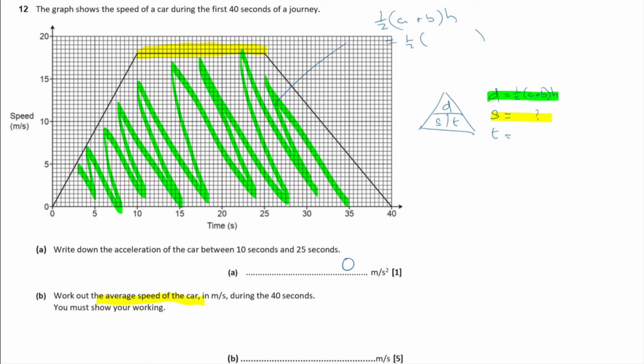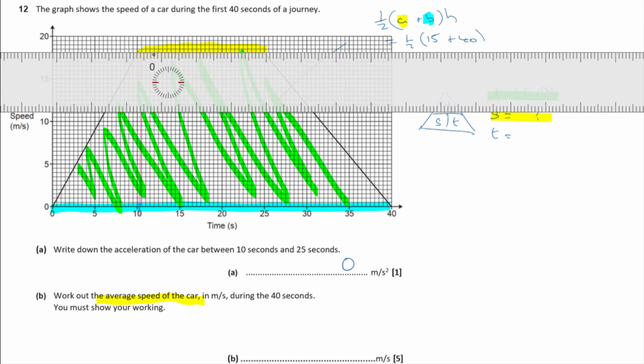So a is the line at the top there, the line going from 10 to 25, so that has a length of 15. B is the other parallel side, going from 0 to 40, so that has a length of 40. And then h is the distance between them, which is that distance there, isn't it?